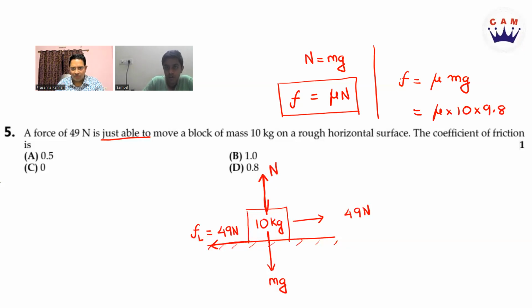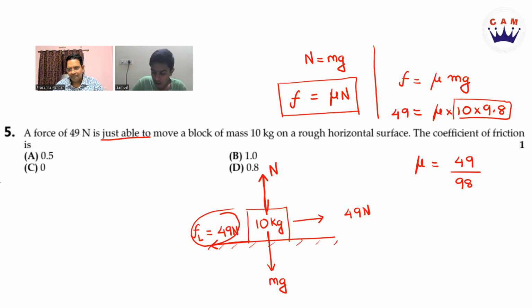And the limiting friction is 49 Newton, because that's exactly the force I'm applying to overcome it. From this expression, I can calculate mu. So 49 divided by 10 into 9.8, which is 49 divided by 98. That is 0.5. Yes, 0.5 is correct.